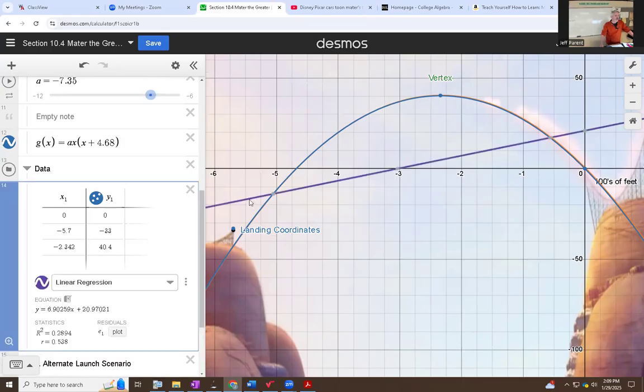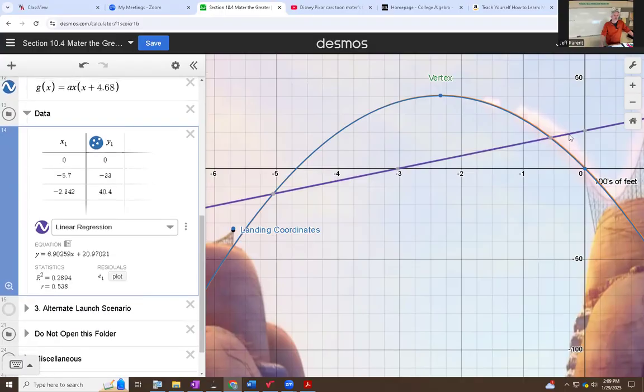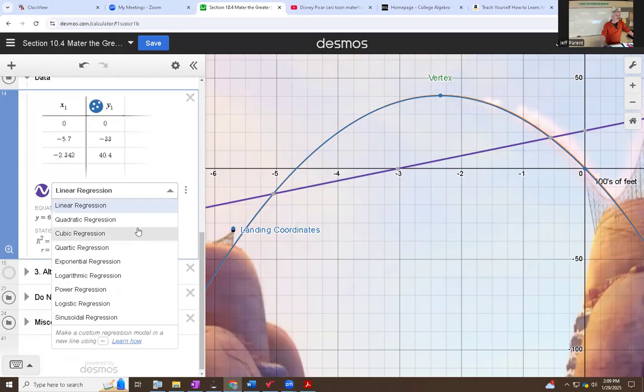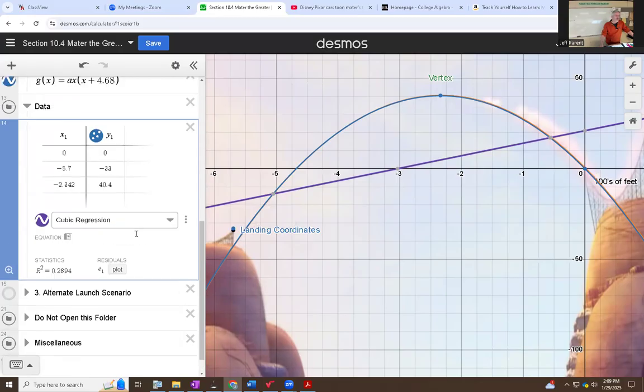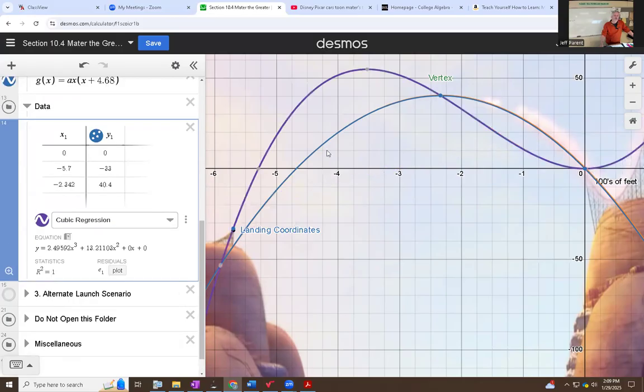It says add regression. Now, does a line look like it's a good fit to these 3 points? Is that a good model for our data? This straight line models, say, this point and this point. Is that a good model? Probably not. How about a cubic equation? Does that seem to follow the path here by this parabola?